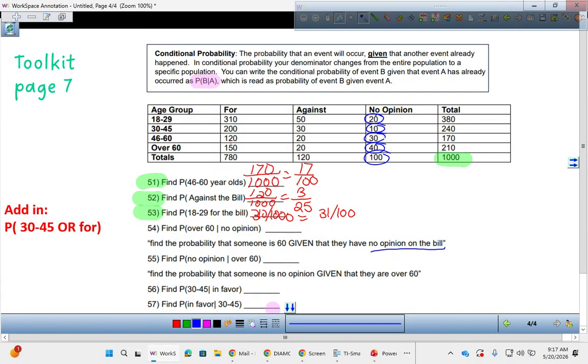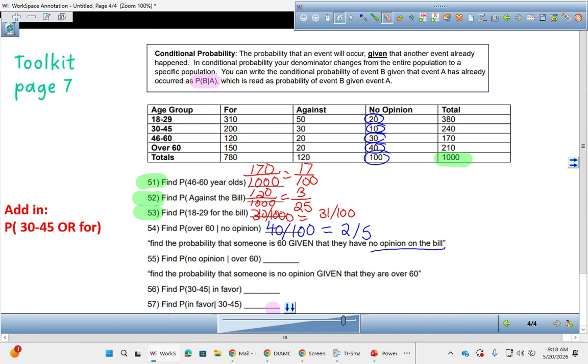So it's someone is 60. I'm assuming that means, oh yeah, over 60. So over 60 is 40 people in that category, and the total people in that category is 100, not 1,000. It's the total people who have no opinion. That's my denominator. You can type that in your calculator to reduce the fraction, but that's 2/5.